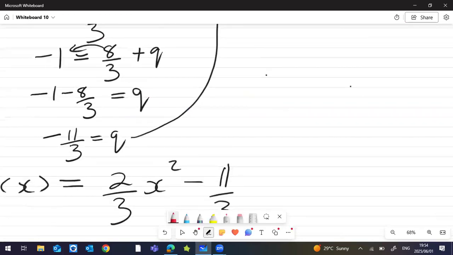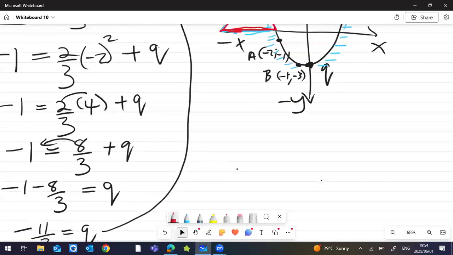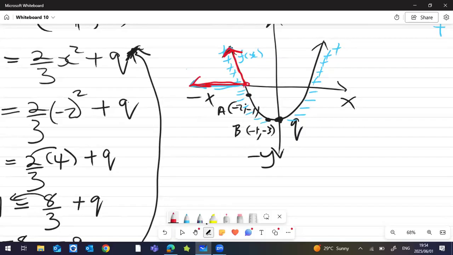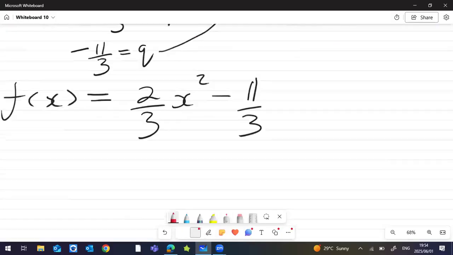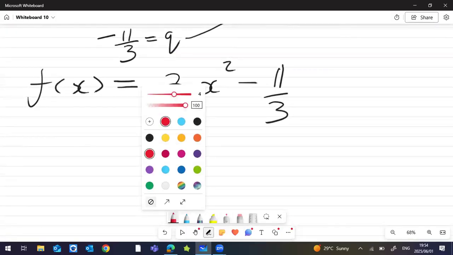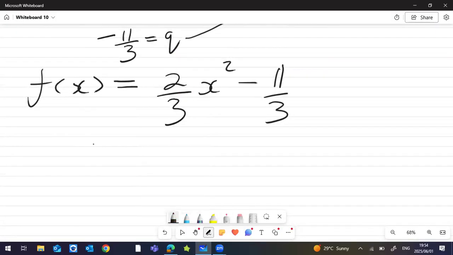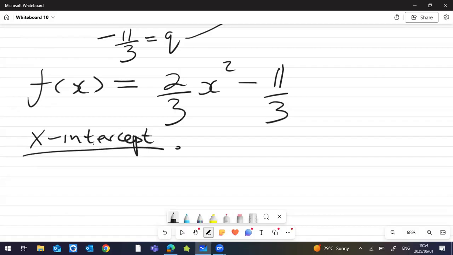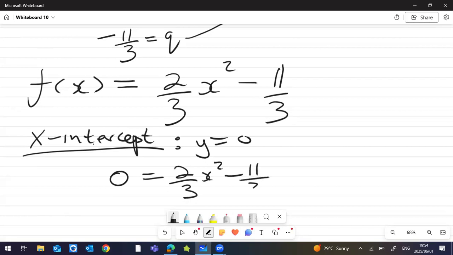So let me find the x-intercepts of the parabola. To find the x-intercept, y should be equal to 0, which is our function there. 0 equals 2 over 3 x squared minus 11 over 3.